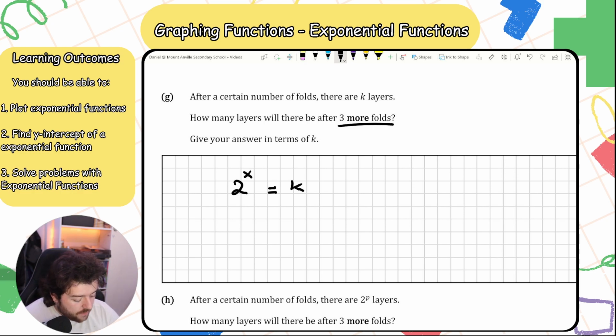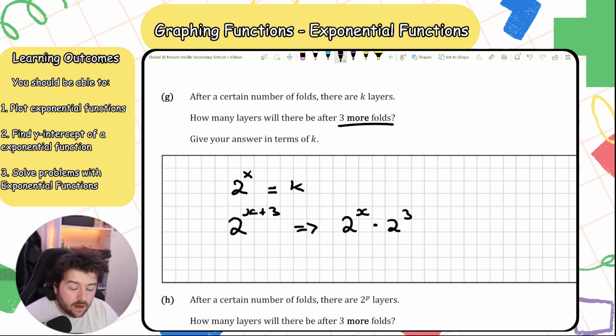Well, 3 more folds, that's going to be 2 to the power of x plus 3. Right? So I've added 3 more folds. But what's that equal to? Well, that's the same as 2 to the x times 2 to the 3, isn't it? So we're using one of my index laws: a to the x times a to the y is equal to a to the x plus y.